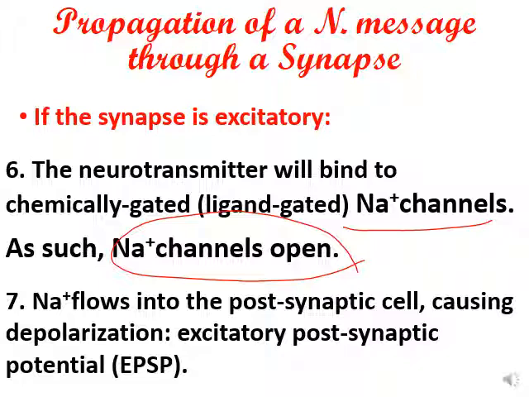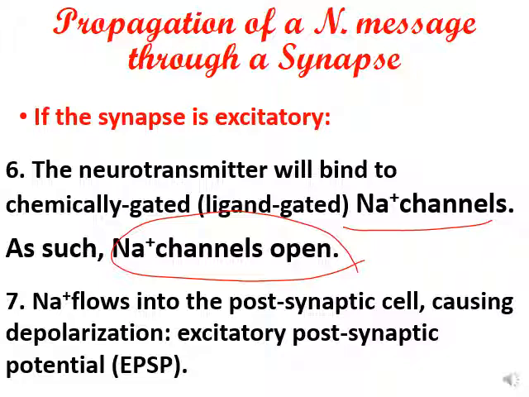There are 2 cases: if the synapse is excitatory or if the synapse is inhibitory. If the synapse is excitatory, what will happen? The neurotransmitter will bind to the chemically gated Na+ channels. So Na+ channels will open, Na+ will flow into the postsynaptic cell, causing depolarization.